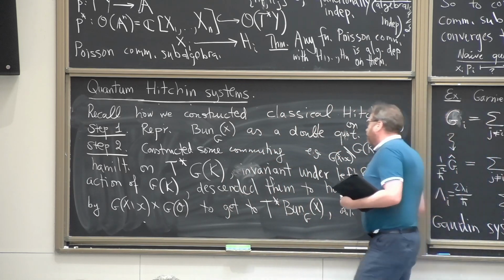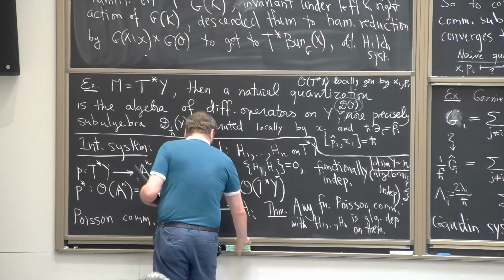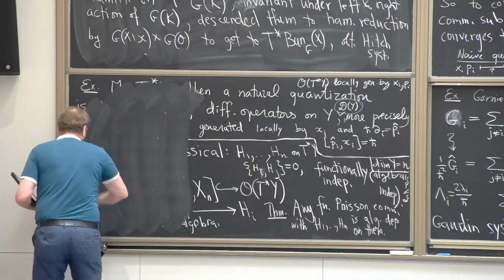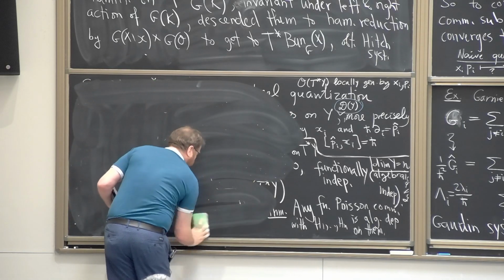So we need to try to retrace our steps here. And the first thing we need to do is discuss what is quantum Hamiltonian reduction, because that's the procedure we used before.